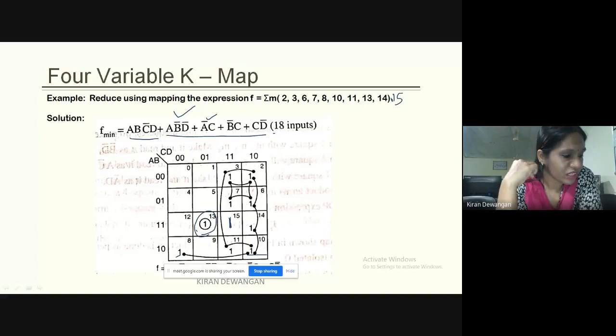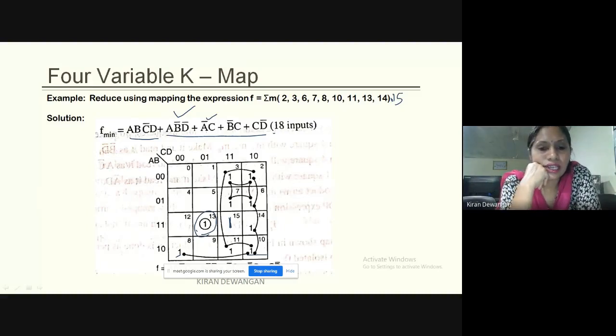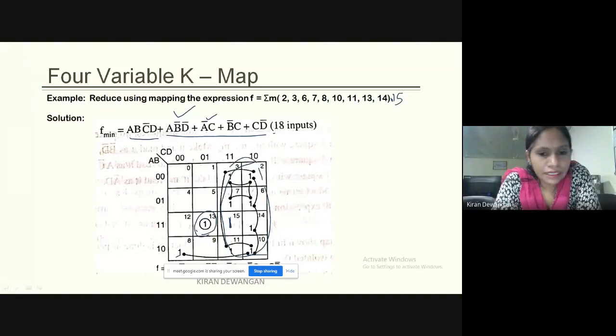Anyone who can just guess? There would be an octet present here. यहाँ पर एक octet हो जाता. Clear? Because we are having 1 at 2, 3, 6, 7, 10, 11, 14, 15. That is a rectangle formed and this will form an octet.